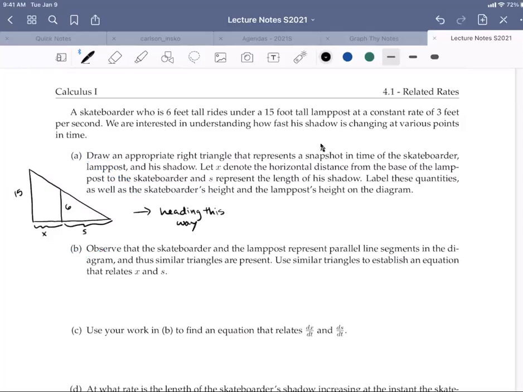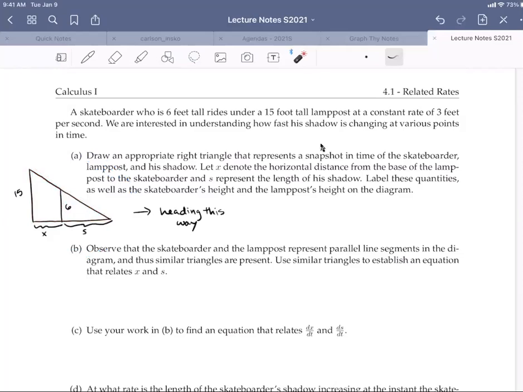Observe that the skateboarder and the lamppost represent parallel line segments, so we have similar triangles. There's a smaller triangle inside the big one. Let's use that fact to relate s and x.